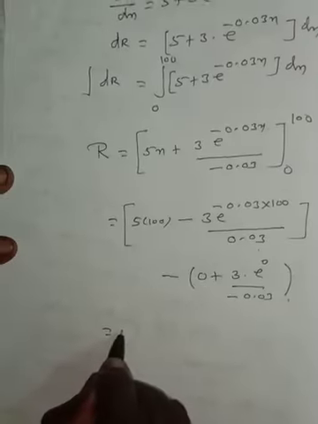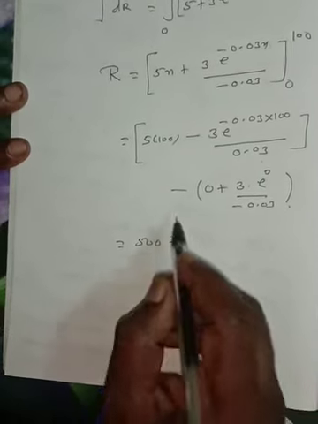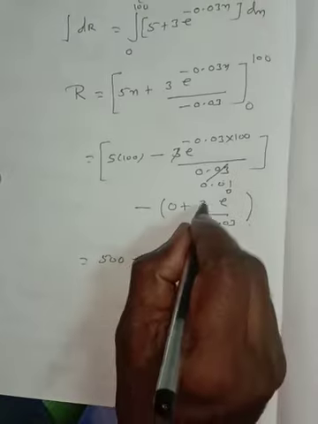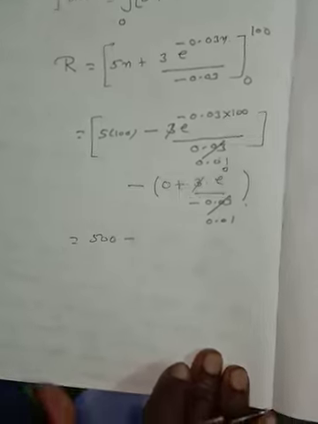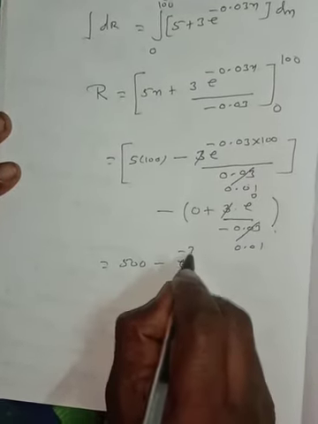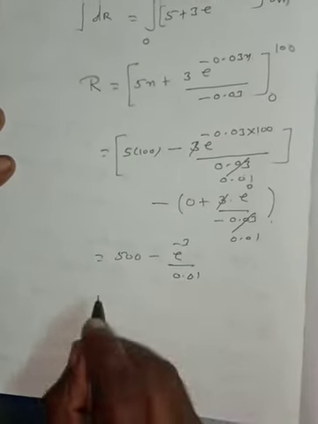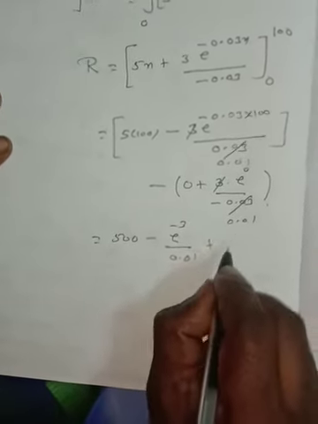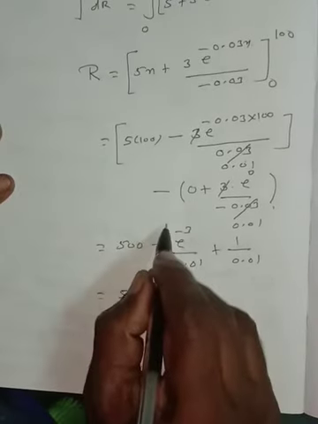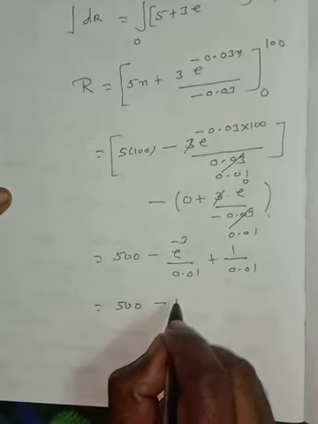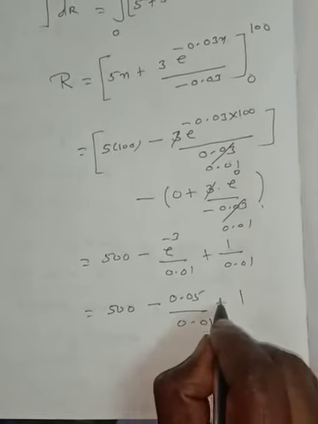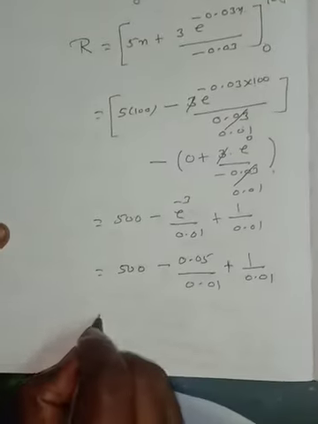is equal to 500 minus 3 into this and this are cancelled, 0.01, so 0. e to the power of minus 3 divided by 0.01, minus of minus plus e to the power of 0 is 1 divided by 0.01, is equal to 500 minus e to the power of minus 3, which is given by 0.05, divided by 0.01 plus 1 by 0.01, is equal to 500.